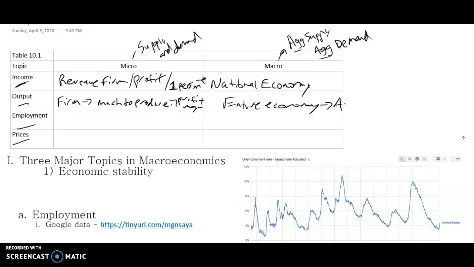And so that's all businesses put together and how much total output there is. For employment, you might look at the job status of an individual or the hiring of a firm. Again, in macroeconomics, you look at the national population, the number of people, so the total employed or unemployed.